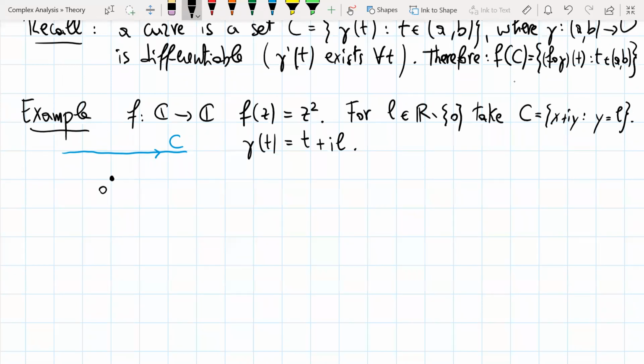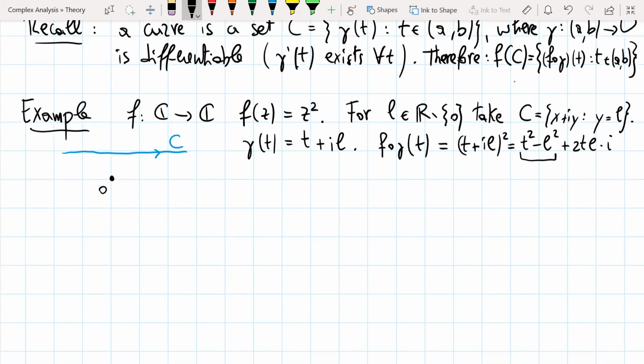Now let's see what is the image of this curve. So f of gamma of t is (t plus iL) squared. And the computation gives us t squared minus L squared plus 2tL times i. So here we see there are two coordinates.